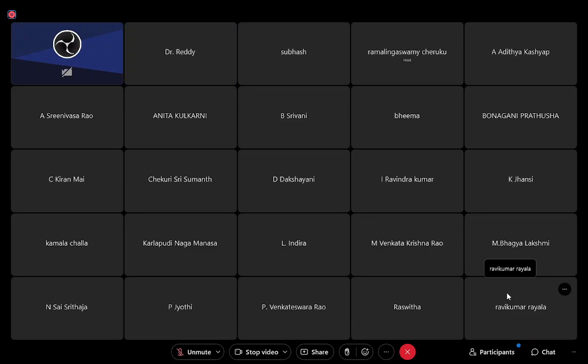Just in continuation with that, I'm still not able to see how these optimization algorithms are helpful in extracting features, or not extracting, but filtering the features. No, not filtering.